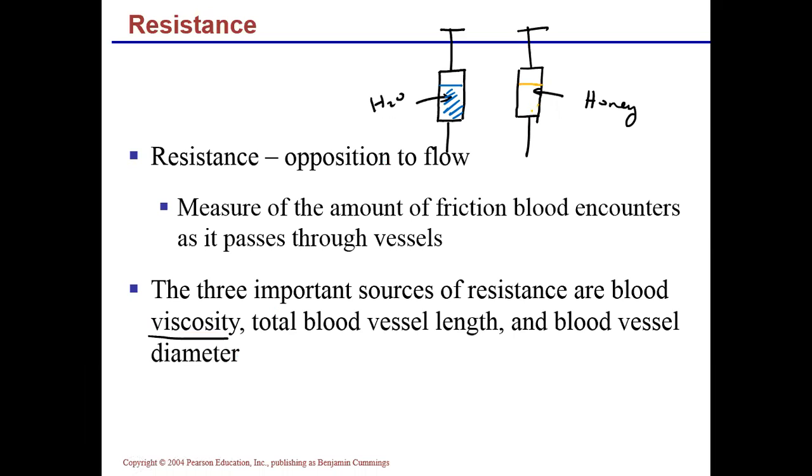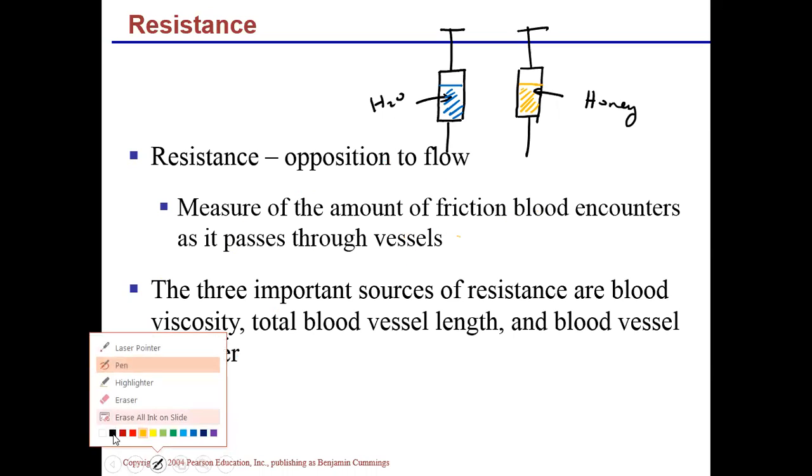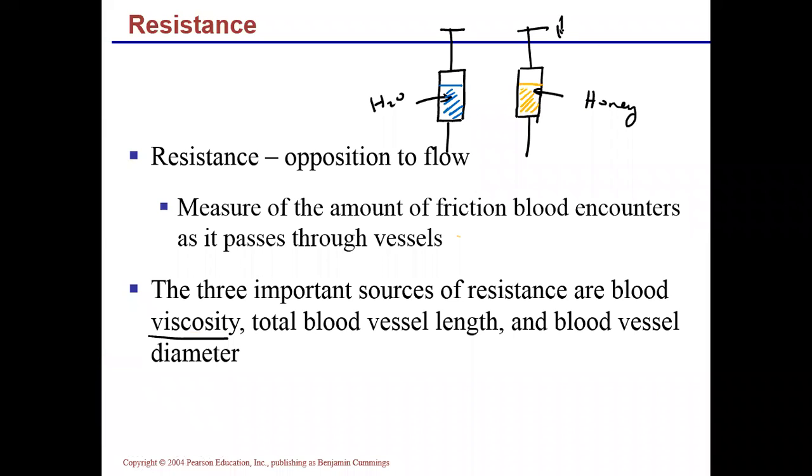These syringes are identical, and so on. Now, if you want to get this amount out, you obviously have to put more pressure on the honey, the one that contains the honey. This requires more pressure to get the same amount out. You have to apply more pressure in here in order to get it out. In the water, no, you just go boom, it comes out right away. So you could see why the pressure is increasing when the blood is viscous, obviously.